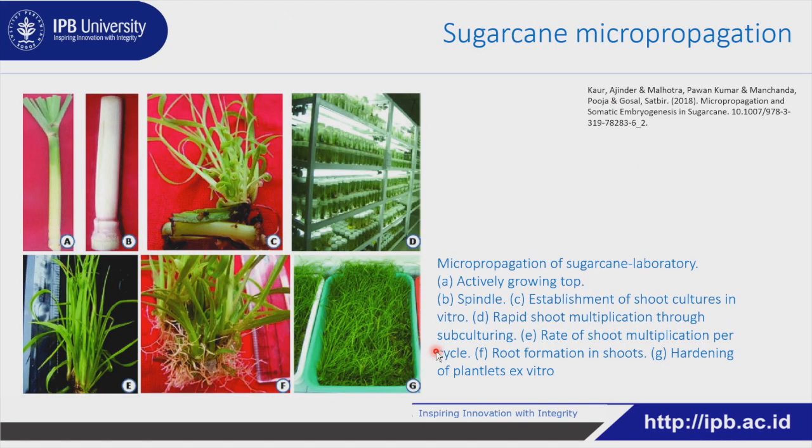Okay, next is sugarcane micropropagation. I will just give you a brief introduction. Among the estate crops, sugarcane is also one commodity that uses micropropagation techniques for making new plant materials.